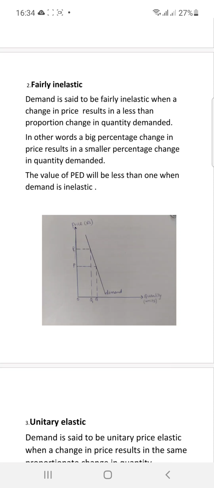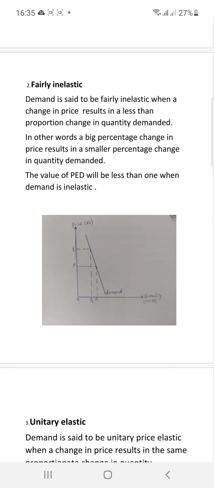Next, we pass on to fairly inelastic demand. So this will be the contrary. In this case, the percentage change in price will be greater than the percentage change in quantity demanded. So the definition will be when a change in price results in a less than proportionate change in quantity demanded. And obviously, the value of PED in this case will be less than 1.